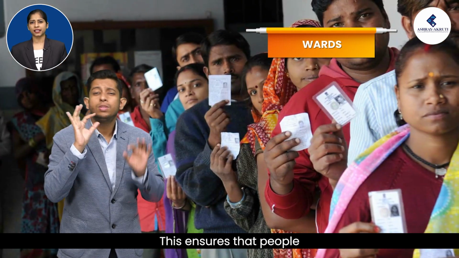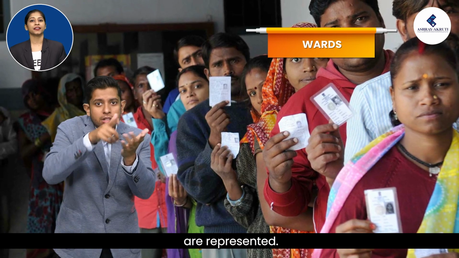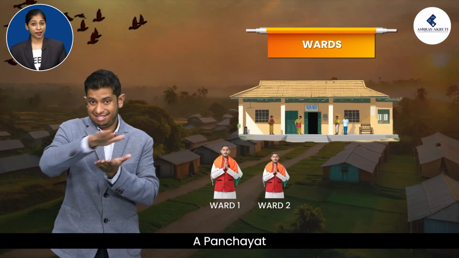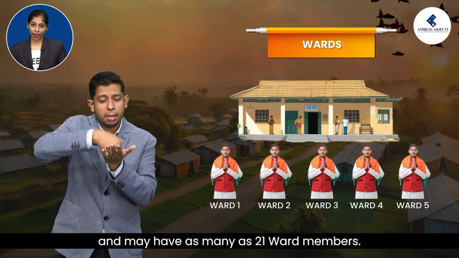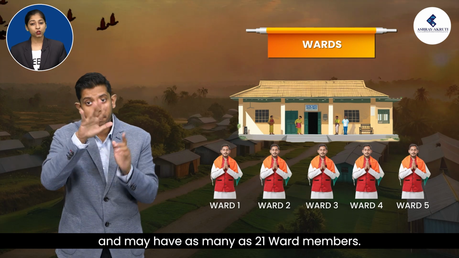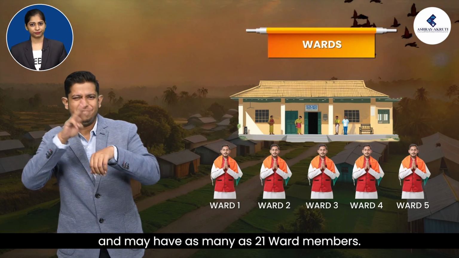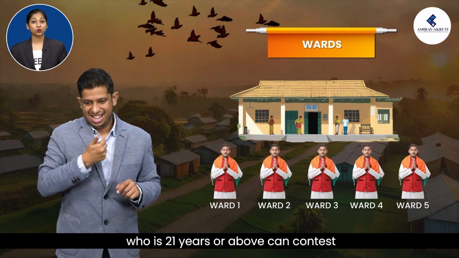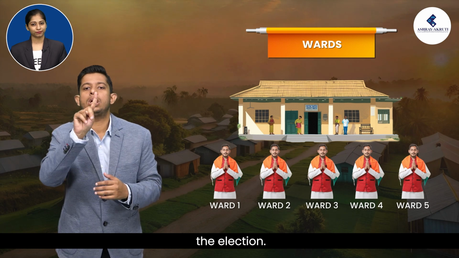This ensures that people from all localities of the village are represented. A panchayat will have at least 5 ward members and may have as many as 21 ward members. Any person who is 21 years or above can contest the election.